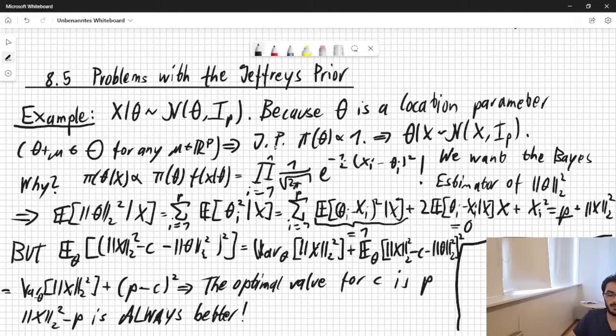And the reason for this is that by using the Jeffrey prior, we've broken a couple of laws. We've used an improper prior. And as I said at the beginning, using an improper prior breaks a lot of the very nice properties that the Bayesian estimator has. So here we have an example of inadmissibility, which I talked about in the videos about Bayesian estimation. In this video I mentioned that it's incredibly rare that Bayes estimators are inadmissible, and if they are, there's another Bayes estimator that is admissible.